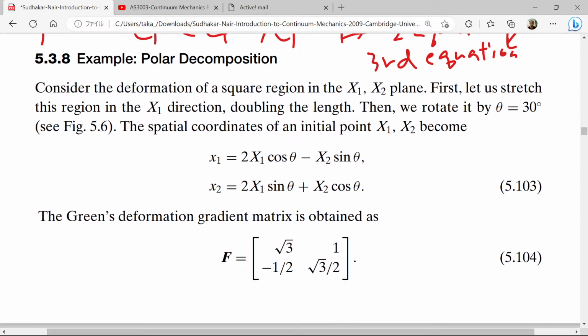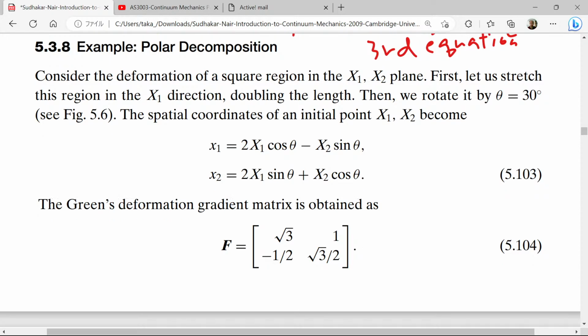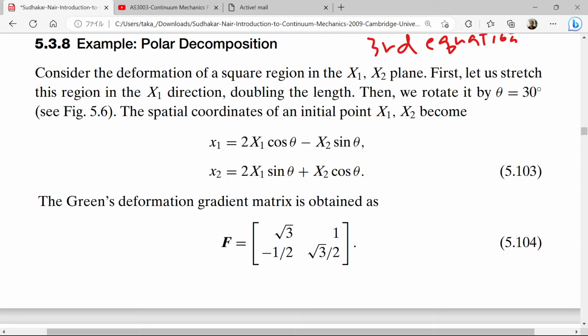Then we rotate it by theta equal 30 degrees. The spatial coordinates of the initial point x1, x2 become, this is a little bit strange.